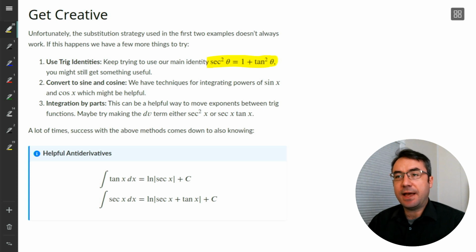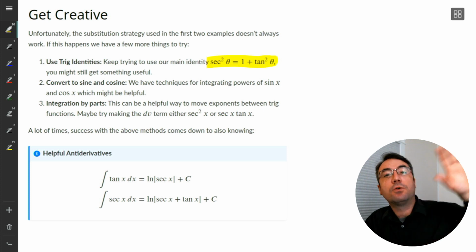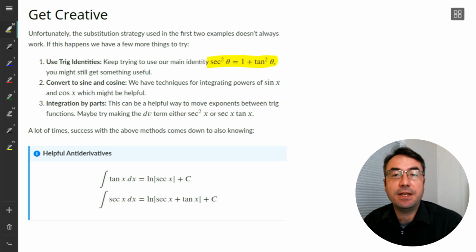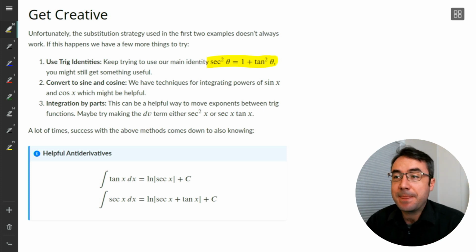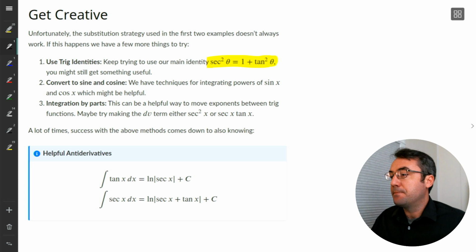Another strategy that can be helpful from time to time is converting everything into powers of sine and cosine. We have a whole separate strategy for how to integrate powers of sine and cosine, so converting everything to them might be helpful. We just want to remember what tangent and secant are in terms of sine and cosine.